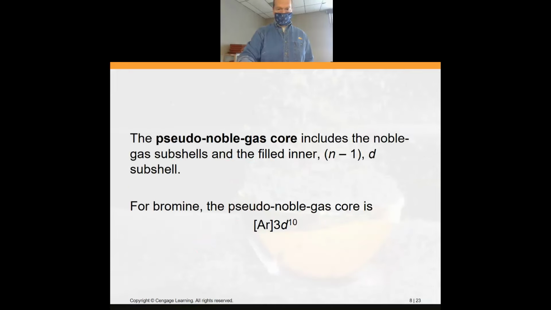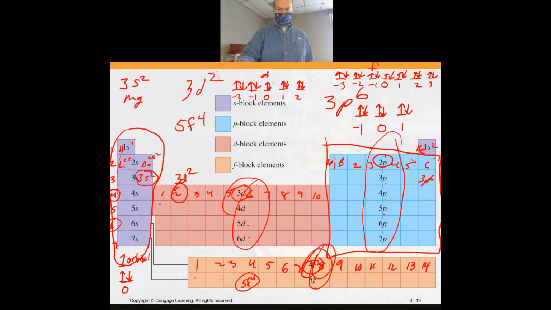All right, when we are looking at your S's and P's, these are main group. So anything that ends in S and P, anything in the first 2 columns or the last 6 columns, those are the main group elements. Your transition elements, that's the D block.